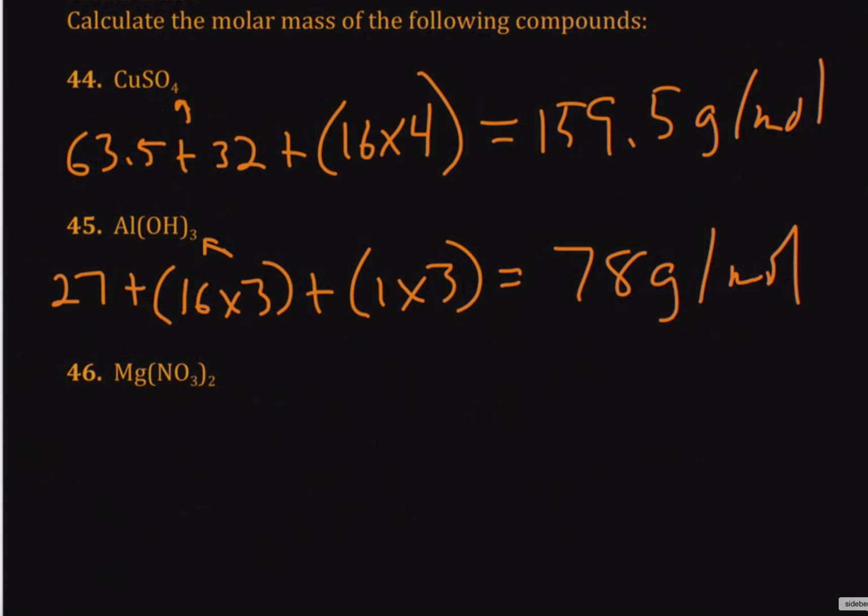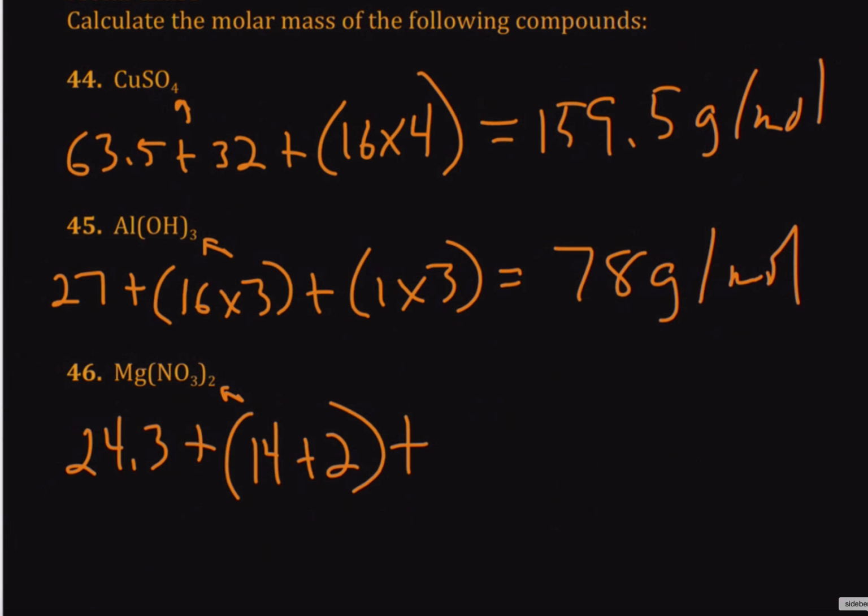And the last one is magnesium, which has a mass of 24.3. And then here we've got a number outside the parentheses and a number inside the parentheses, which means the 2 is going to multiply times the nitrogen. So the nitrogen is 14. The 2 goes to that. And then we've also got oxygen, which is 16 times 3. And outside the parentheses, there's a 2.